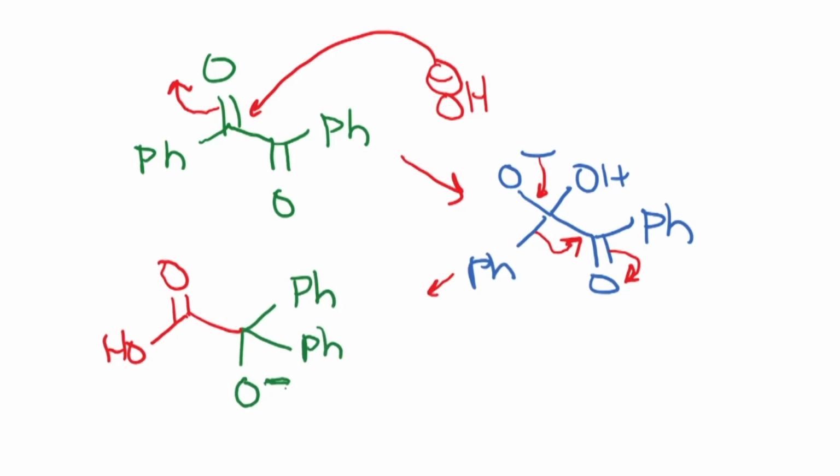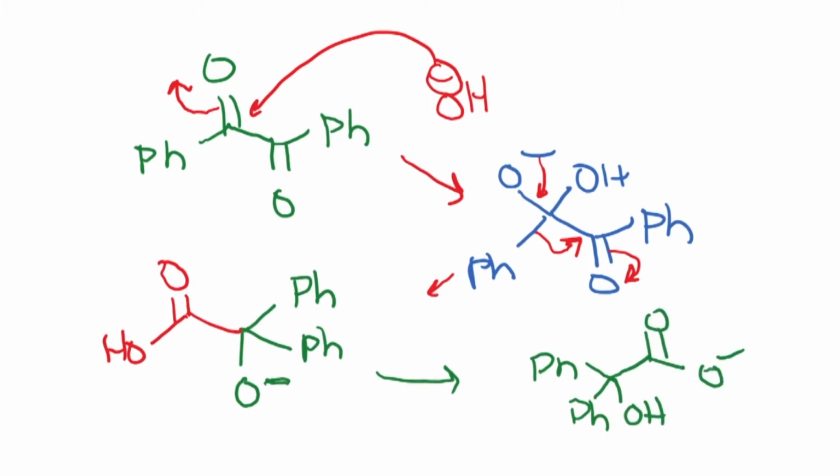Subsequently, this is a strong base and this is a good acid, and so this is going to rearrange and give you the desired product, which is Ph, Ph, OH, C double bond O, O minus. Okay, so this is called the benzilic acid rearrangement, and this product that is shown here is actually benzilic acid.